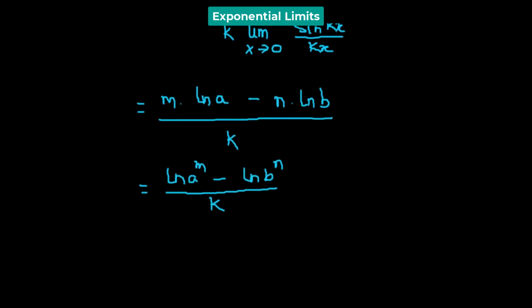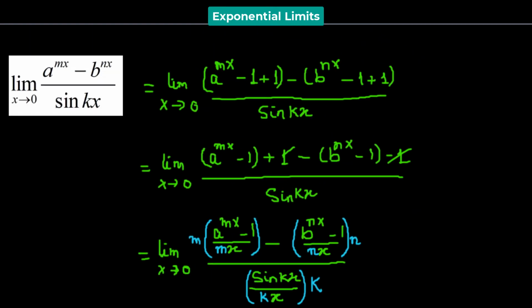And we have natural log of a raised to the power of m divided by b raised to the power of n, multiplied by 1 over k. So this is going to be the limiting value of our function. So this will be equal to 1 over k times natural log of a raised to the power of m divided by b raised to the power of n, when x approaches 0.